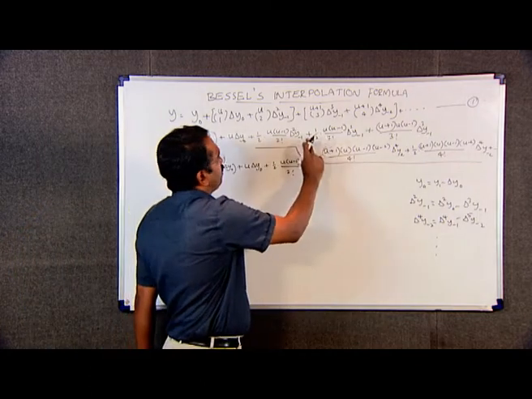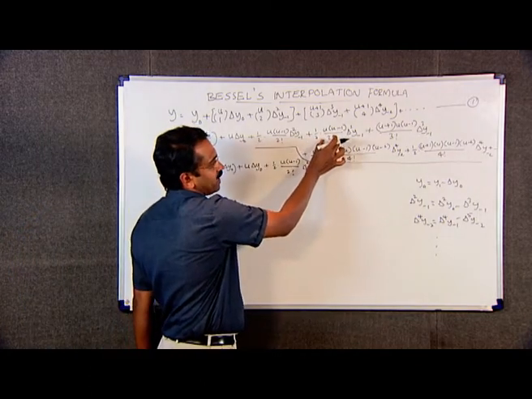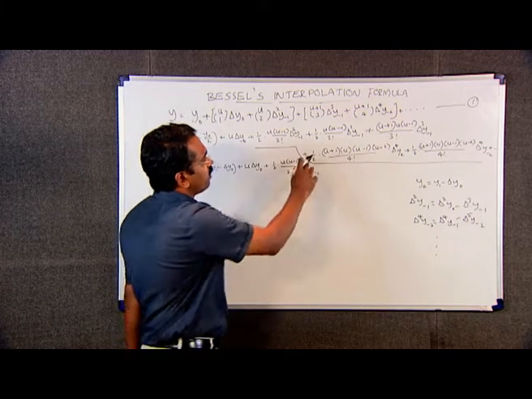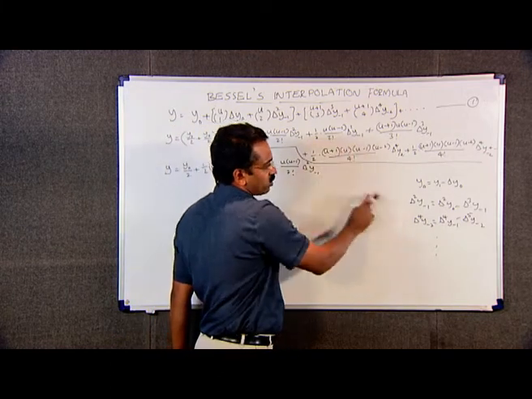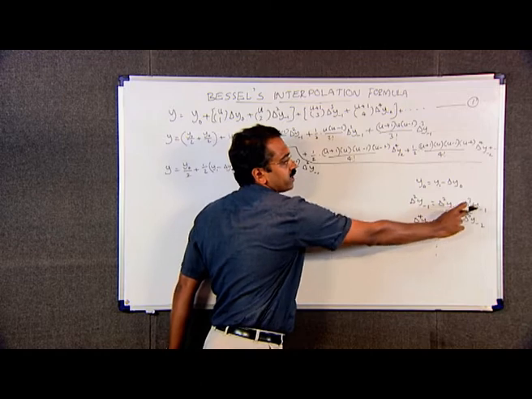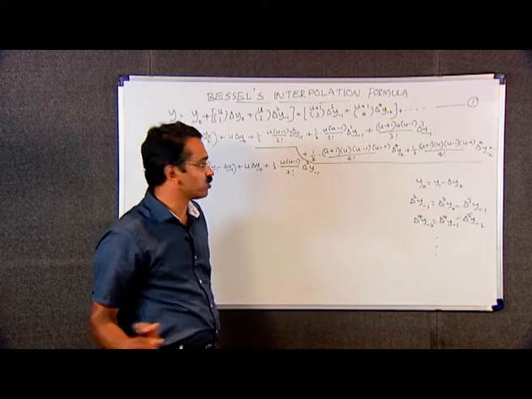For this part, that is for this second split up, we use delta square y minus 1 as delta square y naught minus delta cube y minus 1.